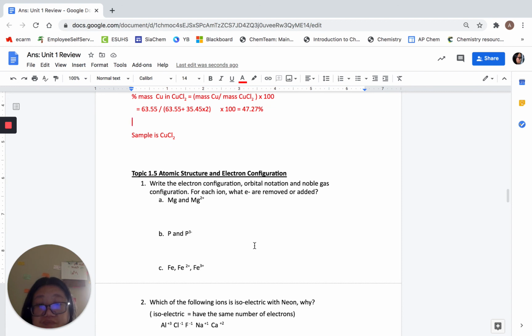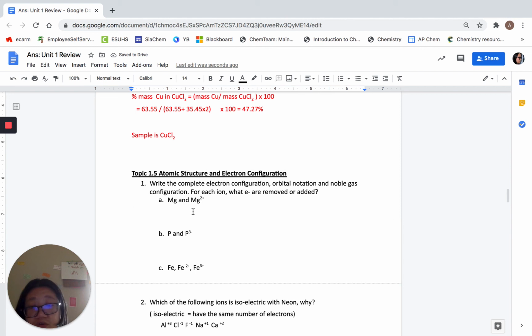Write the electron configurations, orbital notations, and the noble gas configuration, and then for each ion, what electrons are removed or added. I think this is complete; this is what I was asking for anyway. So we're going to do two of them.